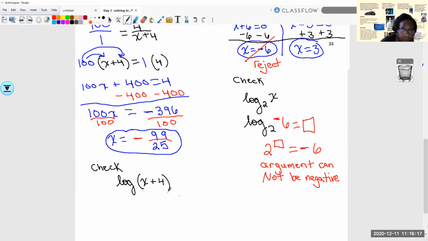Now what we're looking for is, if we have this value plus 4. Remember, you can only add fractions that have the same denominator, so I'm going to convert.